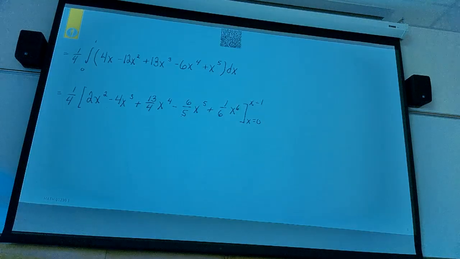That should be an antiderivative. And the fact that it was 0, 1 makes this even better.